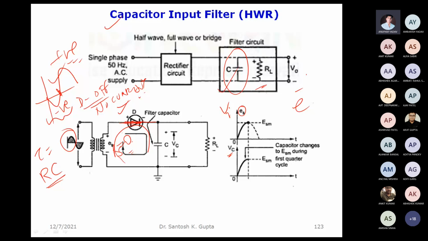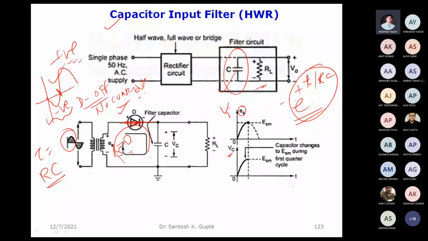Discharging is proportional to this exponential relation, and charging is this. So exponentially it is going to increase. So what will happen here due to this? The RC time constant is very small.